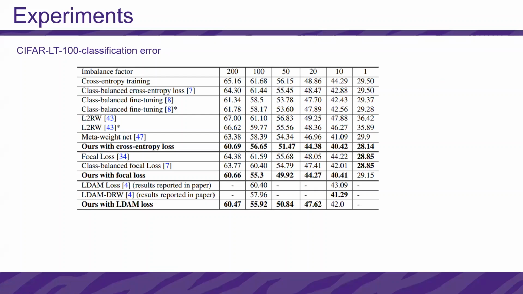At the same time, here is the CIFAR long tail 100 classification error in this table. And maybe you can see the values in this table are larger than before because the dataset is more complex. It contains 100 classes in this dataset.